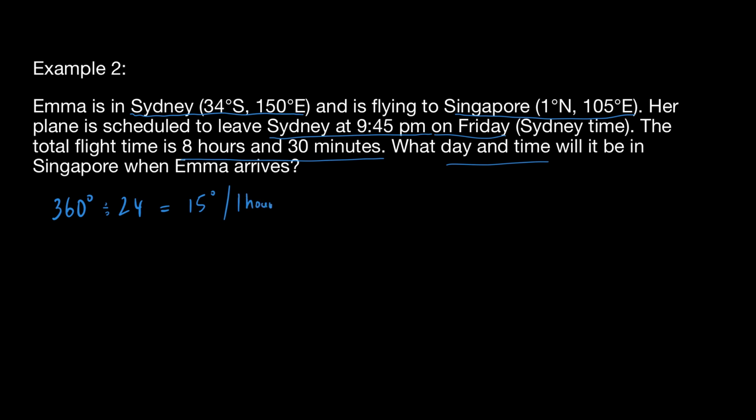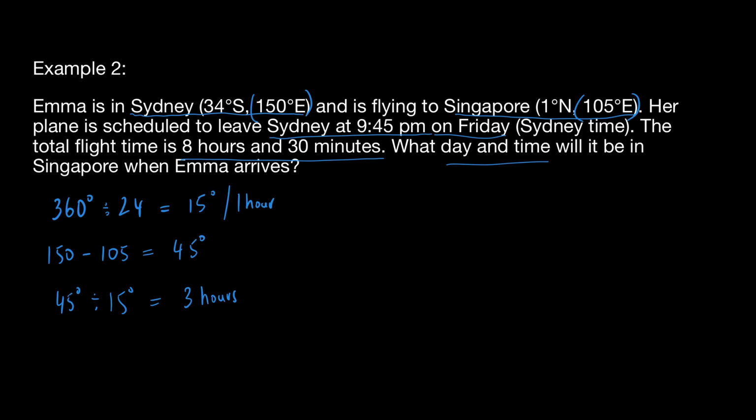Sydney is 150 degrees and Singapore 105 degrees. So 150 minus 105 is 45 degrees. 45 degrees divided by 15 degrees is 3 hours. So the time difference is 3 hours.